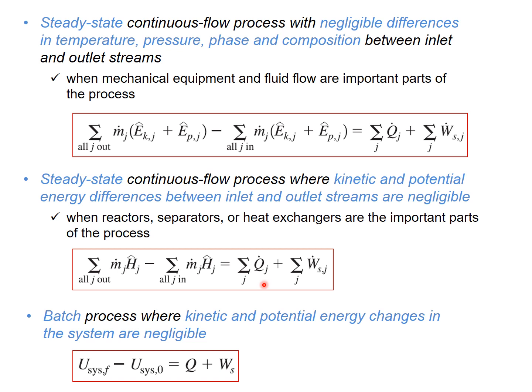I'd like to emphasize chemical process. How about batch? Very simple. Internal energy final minus internal energy initial is equal to Q plus shaft work. There is no flow work there.